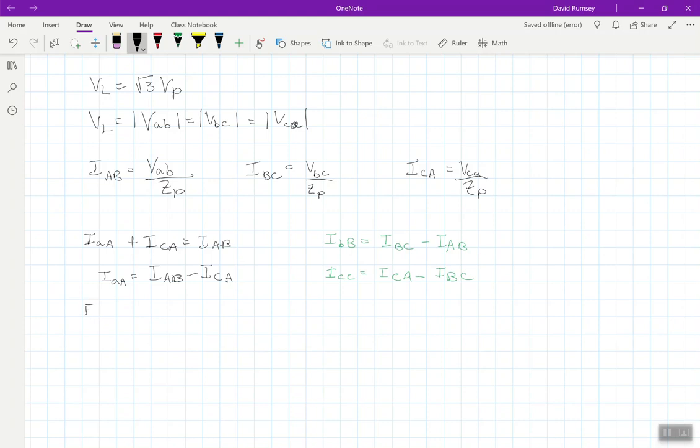But then if we want to talk about the line current, the line current in magnitude is of course equal to these IAA, I little bb, because that's exactly what these are. These are line currents that we computed. And if we were thinking about these as some kind of IP, we would get that IL, the line current, is equal to the square root of 3 times IP, which are the phase currents.